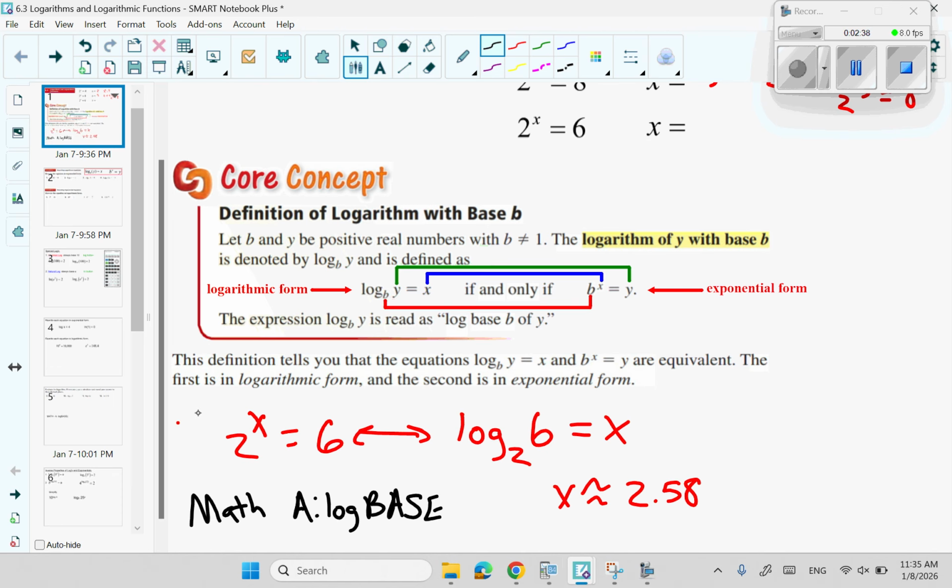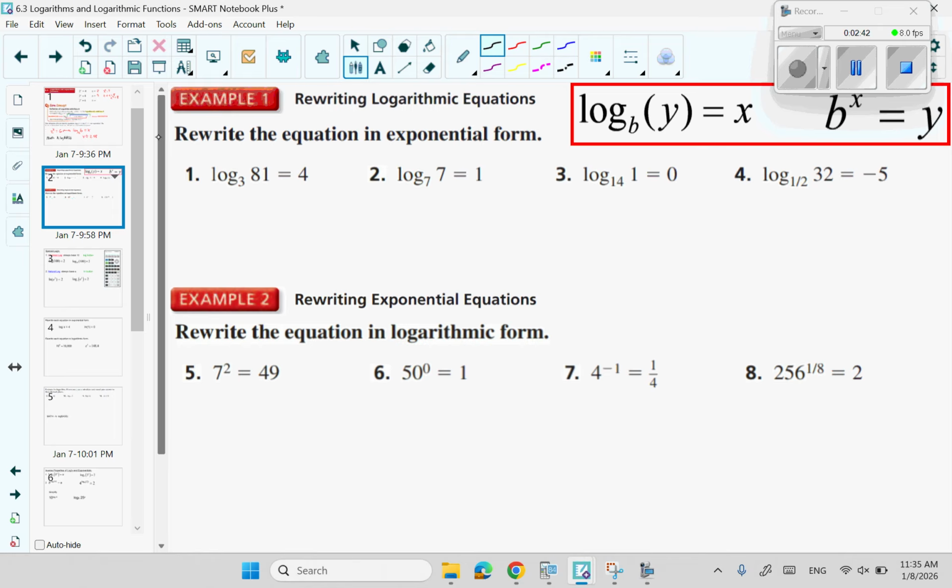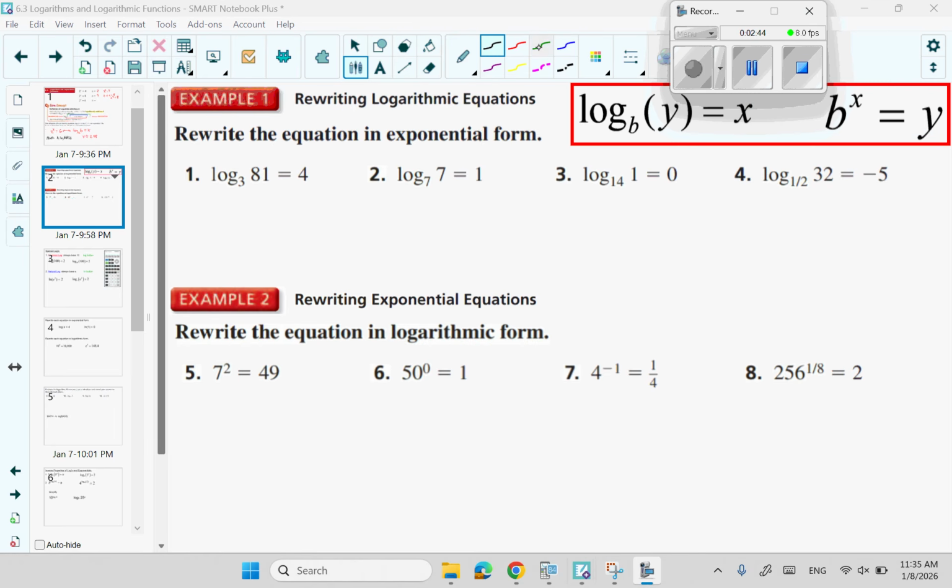So let's talk about how I went about rewriting this. Well, if I look at it, this and this match, this and this match, and this match. The way I've always thought about it is a spiral. I start with whatever number's right here, and I spiral outwardly like that.